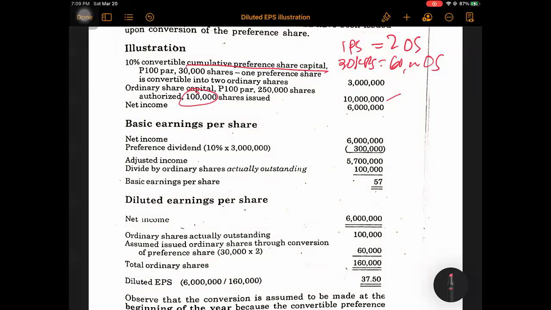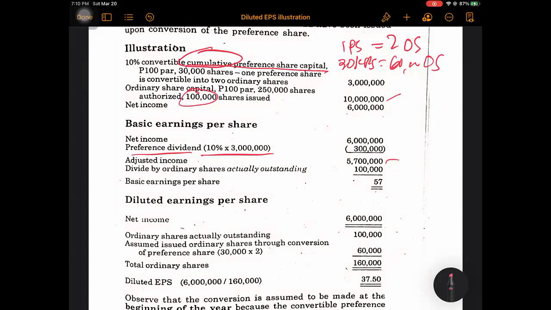Okay, so again, before we can compute the diluted earnings per share and before we can identify that this convertible preference share is a dilutive security, we need to compute first the basic earnings per share. So again, the formula is you have the net income minus the preference dividend, that is our adjusted income. So based on the computation, since the preference dividend is cumulative, di ba, we only deduct the preference dividend, magdepende if it is cumulative or non-cumulative. If it is cumulative, regardless declared or not, we need to deduct the preference dividend.